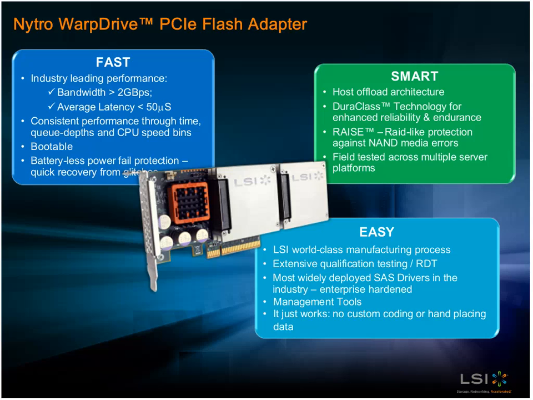There's no write clips when you apply the appropriate type of NAND flash management technology through our SandForce controllers. So you want consistent performance through time, the ability to boot from the device, and battery-less power fail protection. So in case of a disaster recovery is very easy. It's persistent backed up data on the Nitro Warp Drive itself.